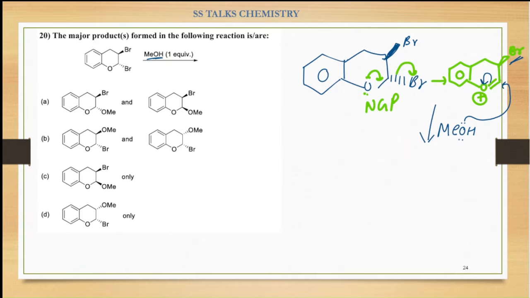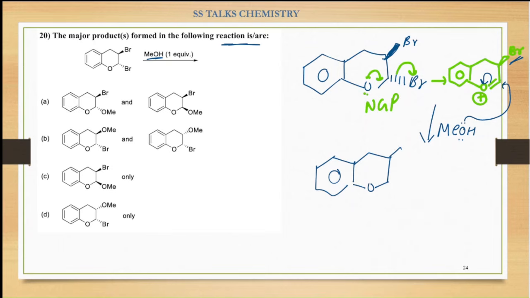But here, in the options you can see various options have been given where the attack is from the above side as well as from the bottom side, and they have asked to see all the possibilities which are possible in this particular question. So in that case, you will see two of these species will be formed like this.